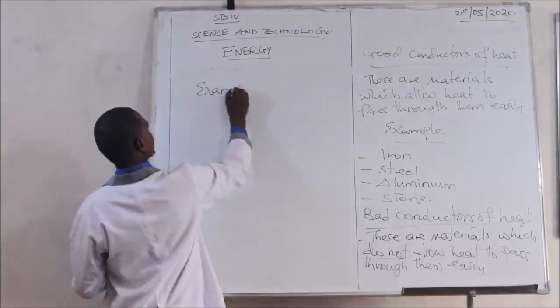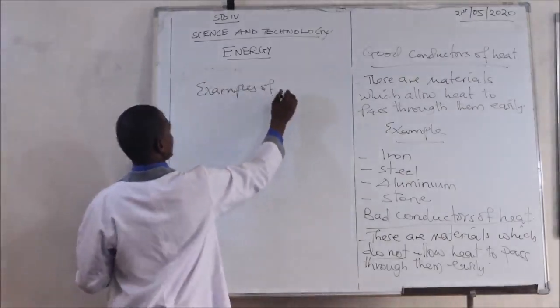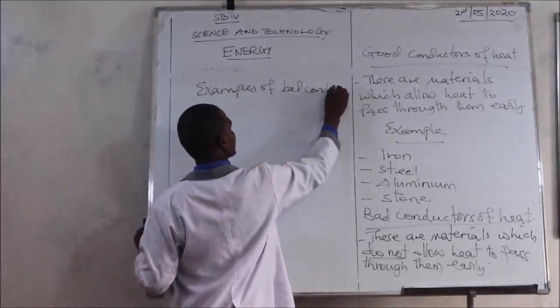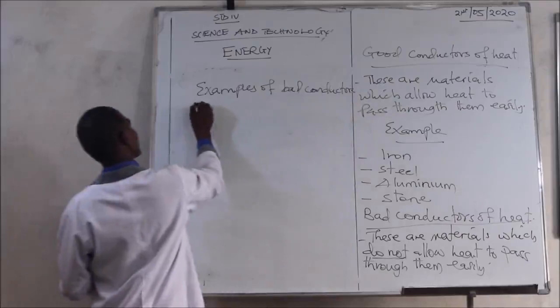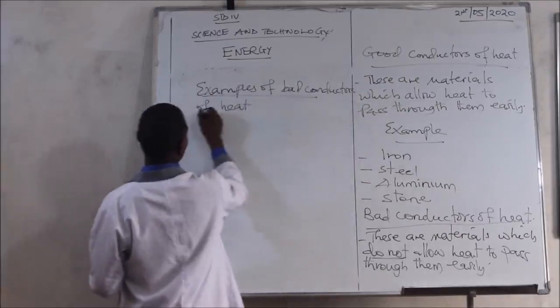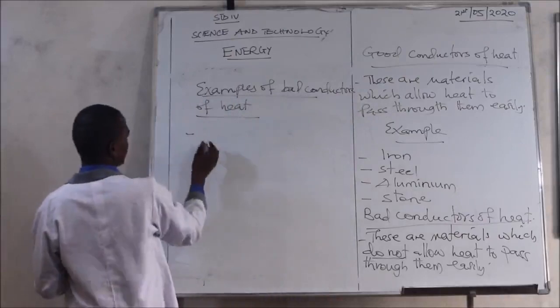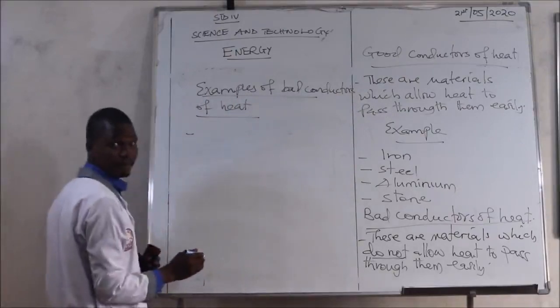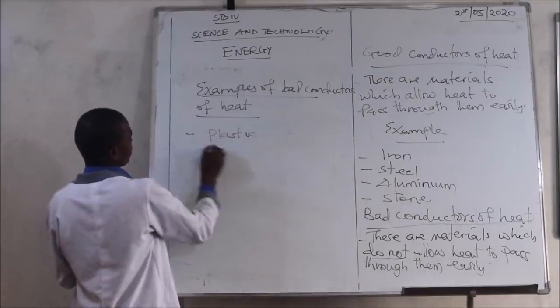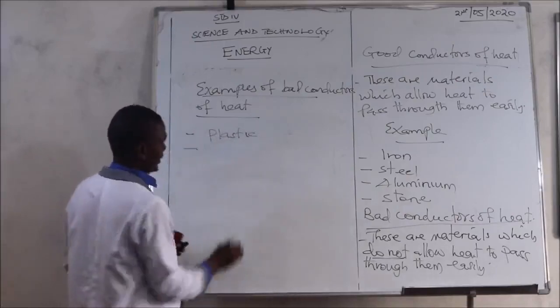Now let's see examples of insulators or bad conductors. One, we have said plastic. The second one, we have said wood.